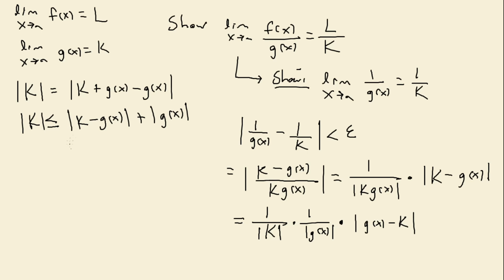And this is just the same as the absolute value of g of x minus k plus the absolute value of g of x. This absolute value bar just measures the magnitude of the difference between these two numbers, so it doesn't matter which one is being subtracted from which. It's not going to change the resultant absolute value. So we can say that the absolute value of k is going to be less than or equal to that.